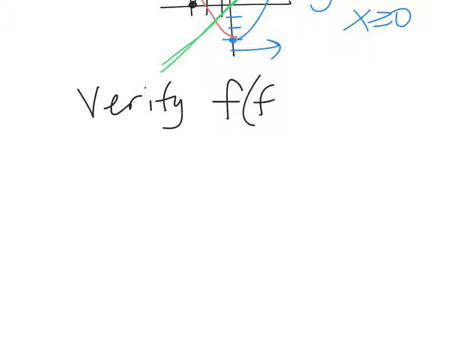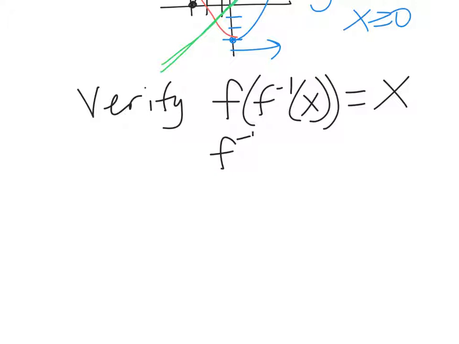F of f inverse of x is going to equal x. It's not going to equal 2 or 5 or negative 3. If you do f of f inverse of x, it's going to equal x. And f inverse of f of x will also equal x.